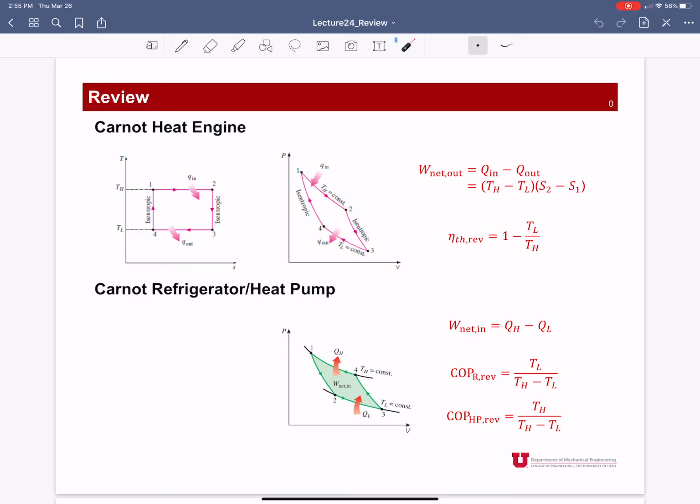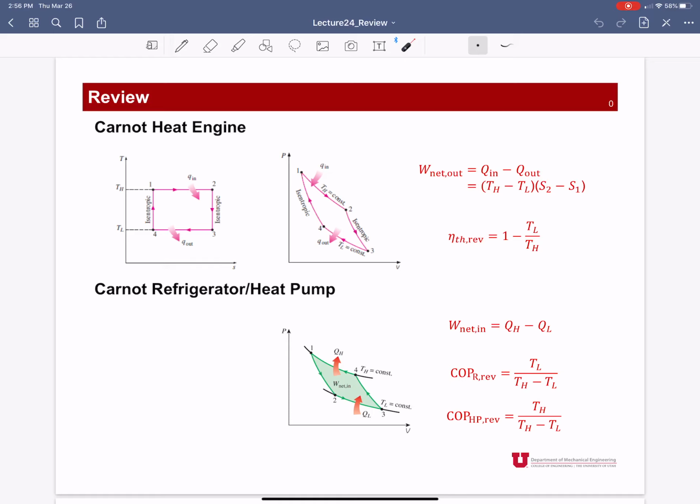After that, the Carnot cycle goes through the isothermal reversible heat rejection and compression process from state 3 to state 4. During this process, it maintains its temperature at TL. As a last process, it goes through the isentropic compression process, which is also a reversible process that connects state 4 and state 1.